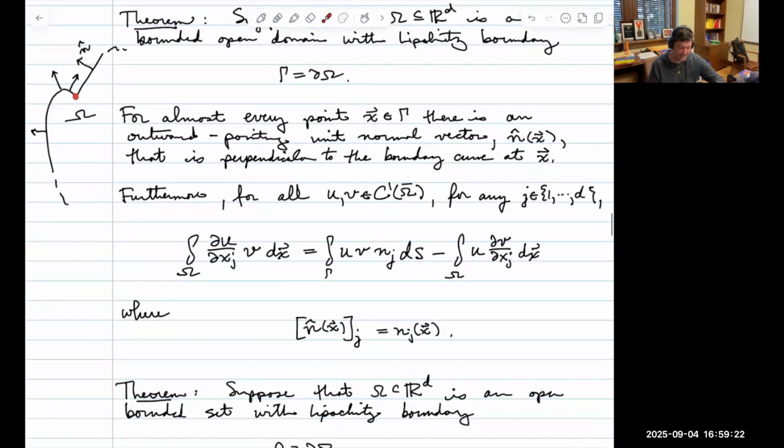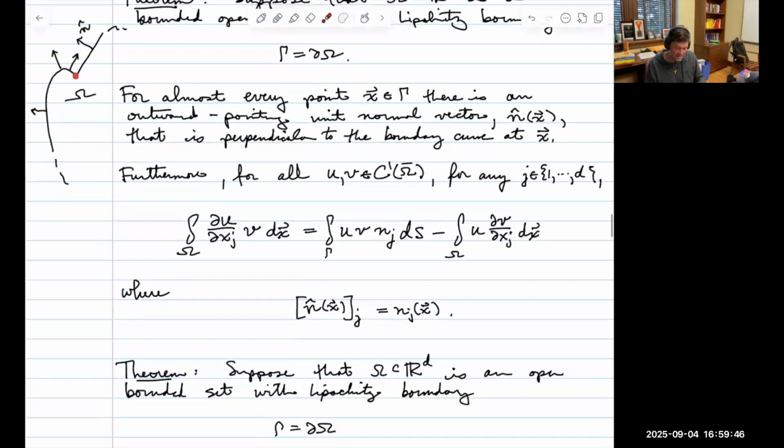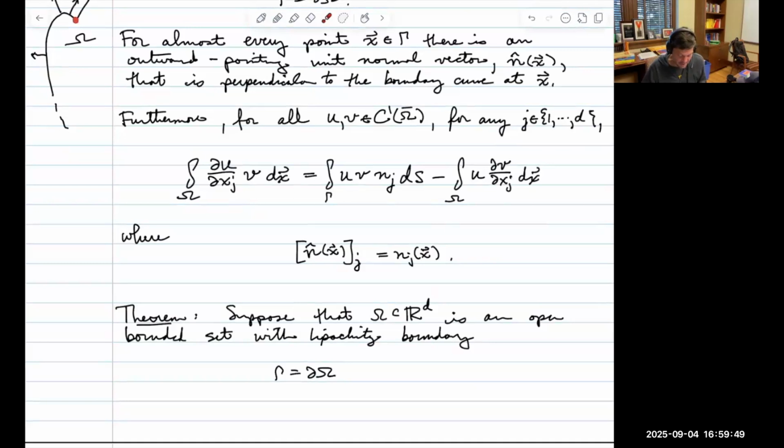This is a classically known theorem. In fact, it's usually proven for boundaries which are smoother than Lipschitz continuous boundaries. So you can prove it for a C1 boundary or a square, and then after that, you prove it for open bounded sets with more complicated boundaries. So we're going to take this as being a known fact, and we're going to try to establish this for functions that are not so nice as this.